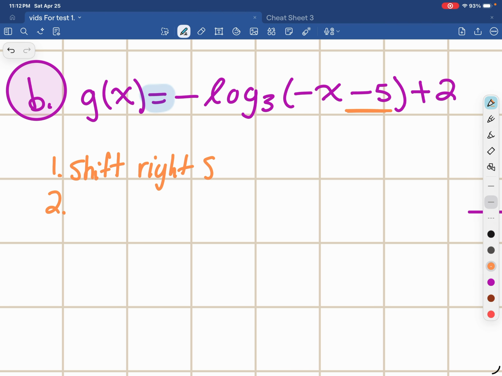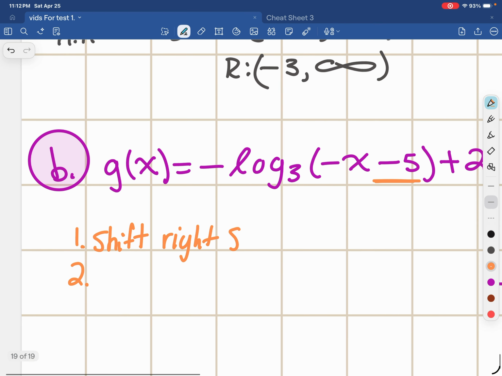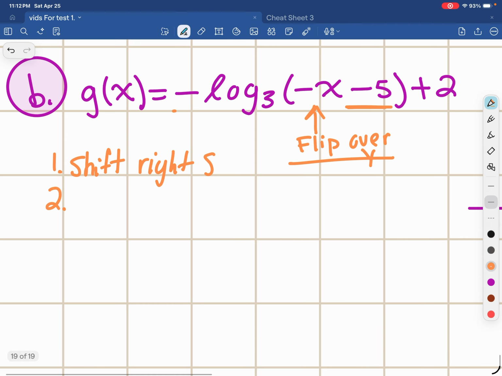It doesn't matter what you do next as far as the order of the remaining transformations. I like to flip over the y-axis. It's a little easier to see for me: if it's in with the x, right before the x, it's flip over y. So we have a flip over the y-axis.